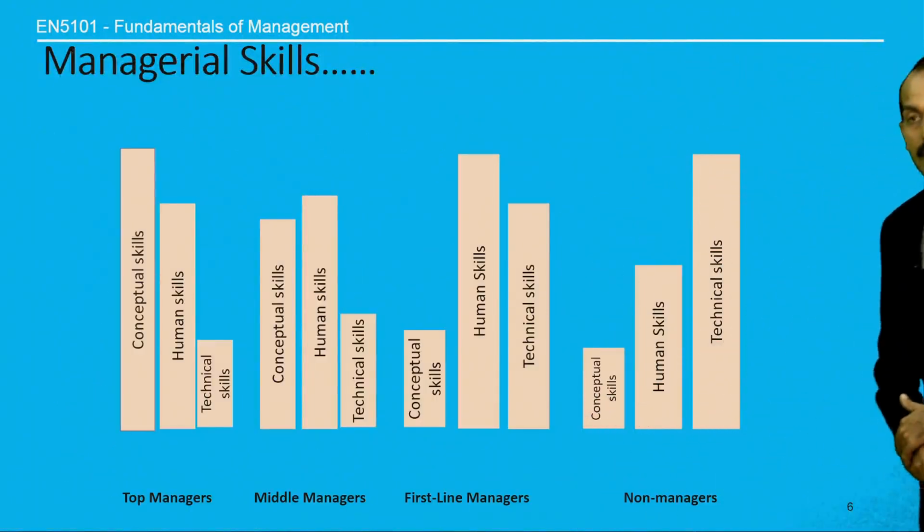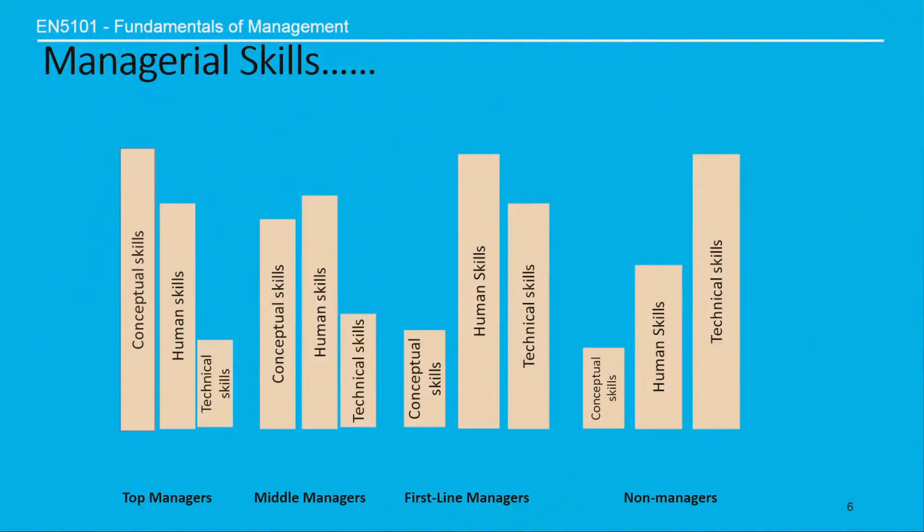Then we will see how these 3 kinds of skills are relatively important to different kinds of managers and to the employees. This diagram presents that. Right? According to the diagram in the below line, there are 4 kinds of respondents or participants, namely top managers, middle managers, first line managers and non-managers.